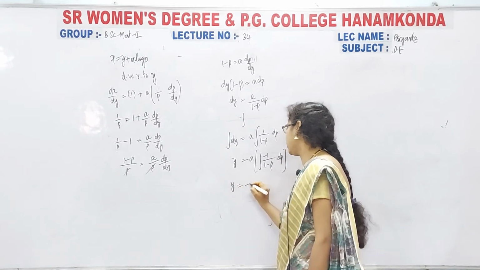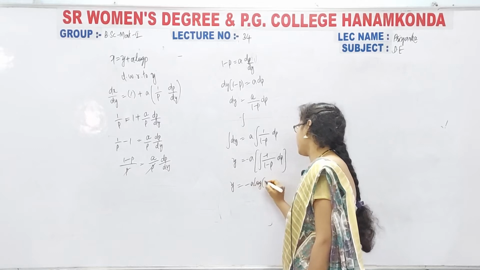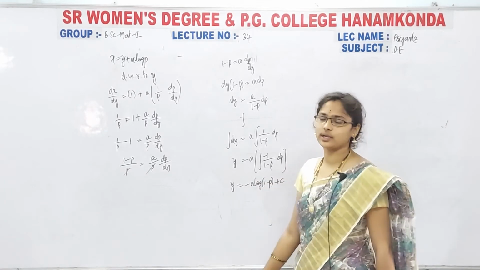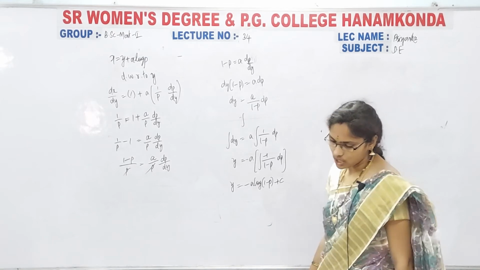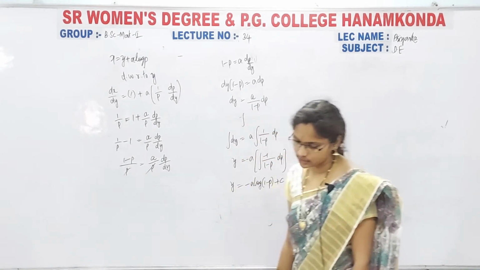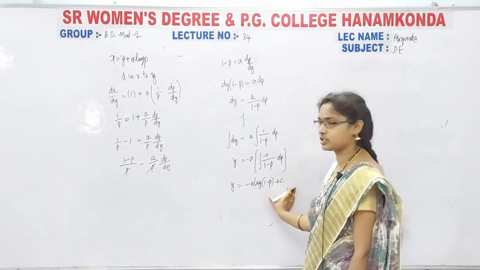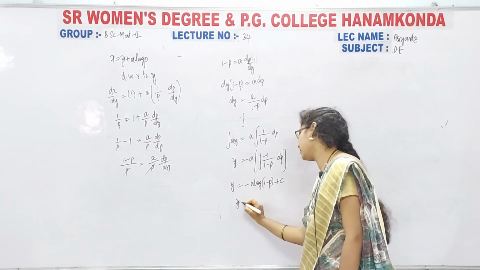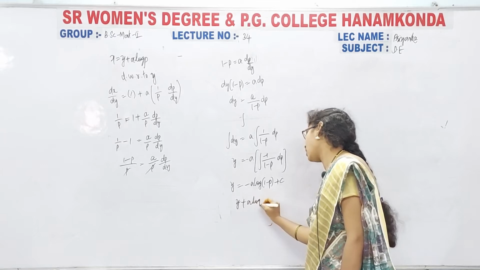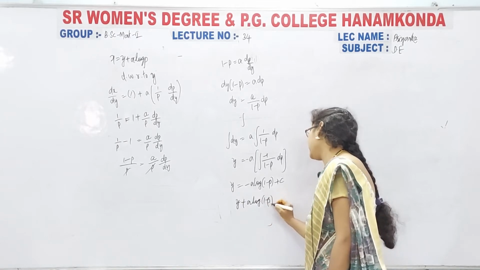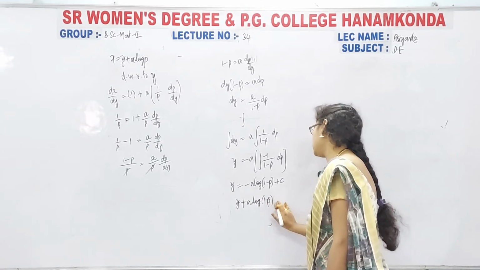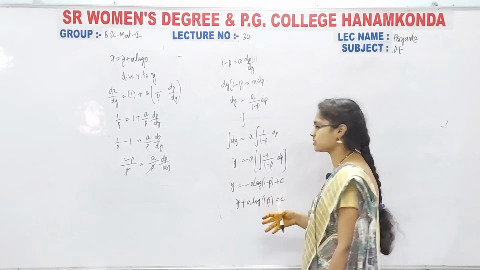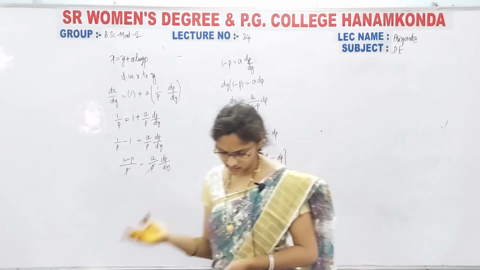Then y equal to minus a log of (1 minus p) plus c. Here you can take log c also, but I am just directly taking simple c. Next we can take this value to this side, then y plus a log of (1 minus p) equal to c. Now you can take this power to this side and solve, but here it is enough.